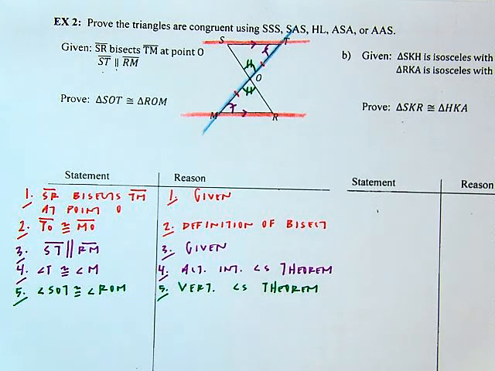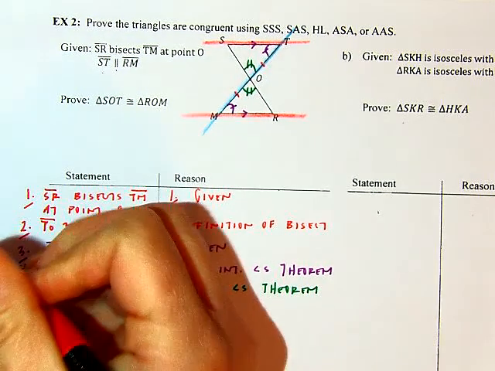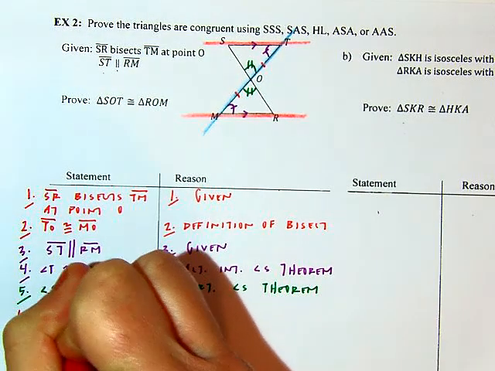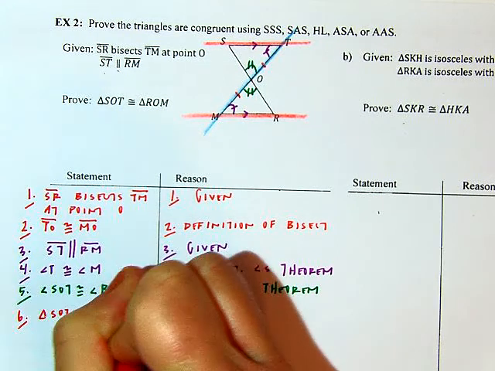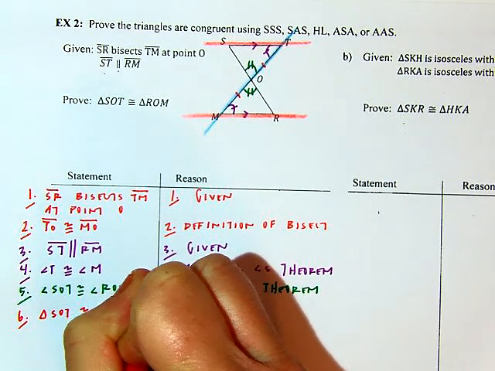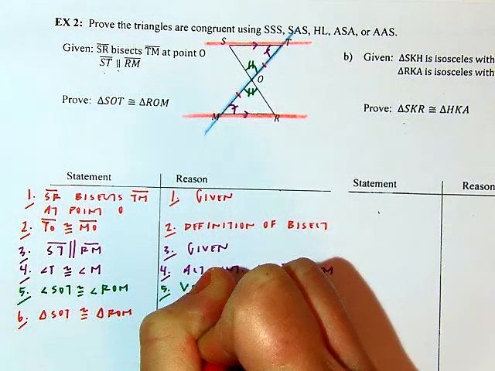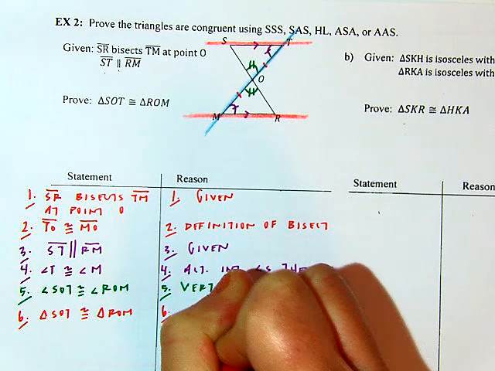Okay, so now that I've linked up two pairs of corresponding angles and their included sides, I can reach my conclusion. So I can say in step 6 that triangle SOT is congruent to triangle ROM. I have angle, side, angle.